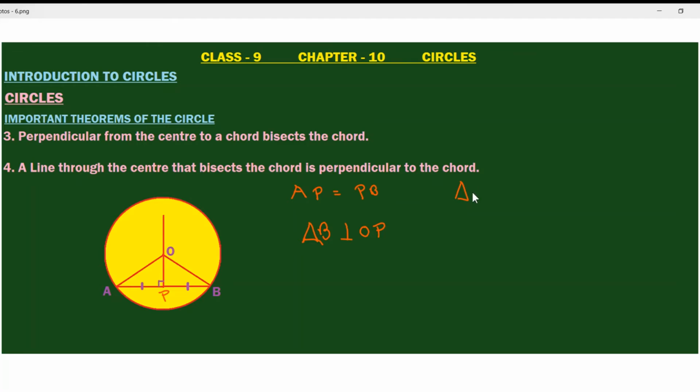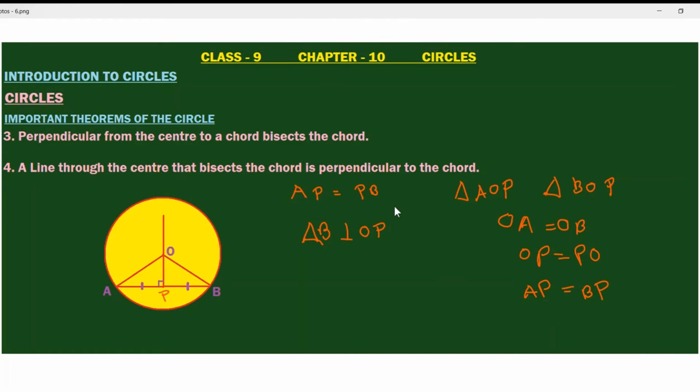In triangle AOP and in triangle BOP, corresponding parts are equal. OA is equivalent to OB, radius of the circle, and as usual OP is equivalent to PO, common for both the triangles, and AP is equivalent to BP.